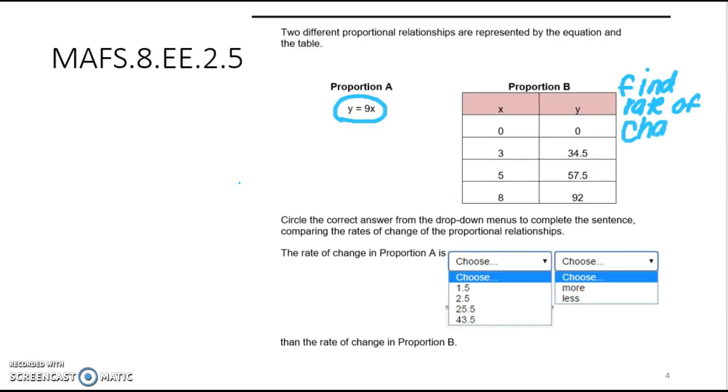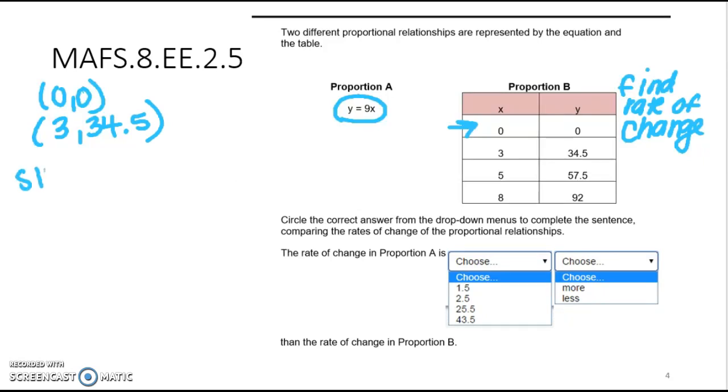And how I find that rate of change, just like before, we can set up these coordinates from the table. So 0, 0, and 3, 34.5. And I can use that same formula. So that slope, that rate of change, y2 minus y1 over x2 minus x1.